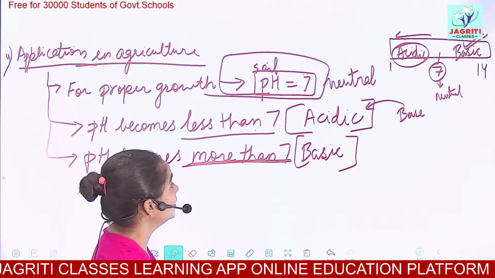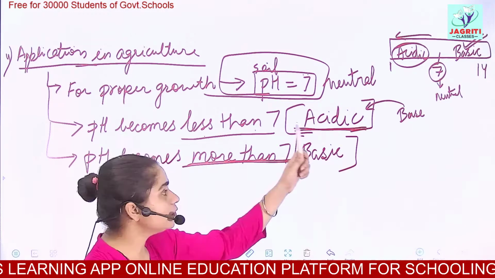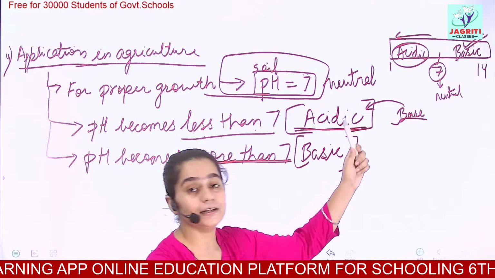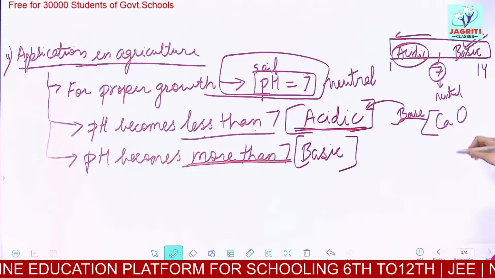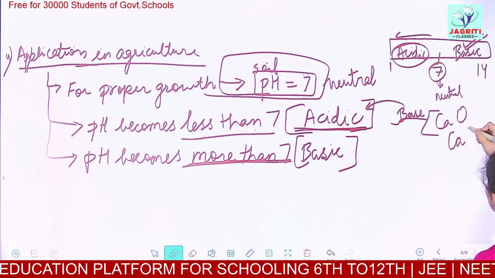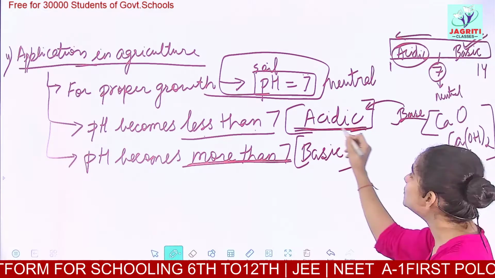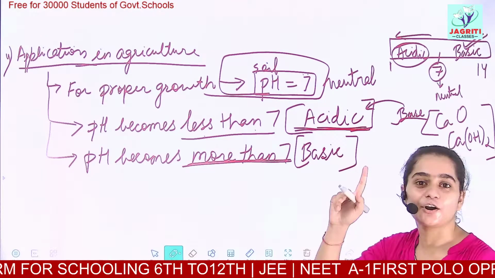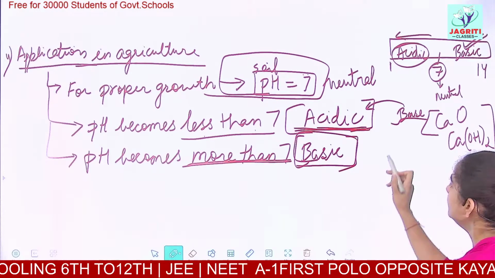So for removing the acidity of the soil, you can add a base. For example, in the fertilizers, the base used is calcium oxide or calcium hydroxide. These are the bases which are generally used to reduce the acidic character of the soil. And if your soil becomes basic, then you can add compost.